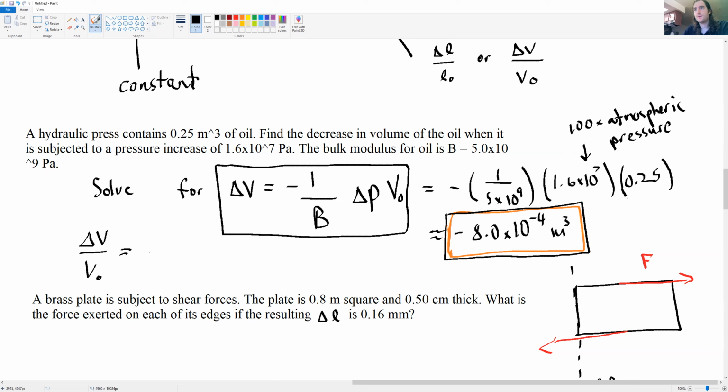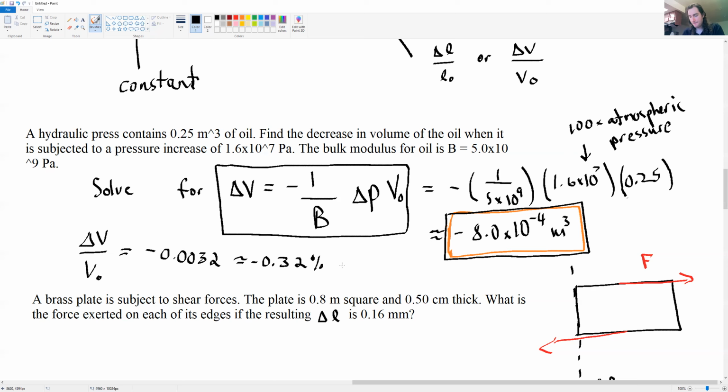If you calculate delta V over V0, you get minus 0.0032, or a change of roughly minus 0.32%. So a very small decrease in volume.